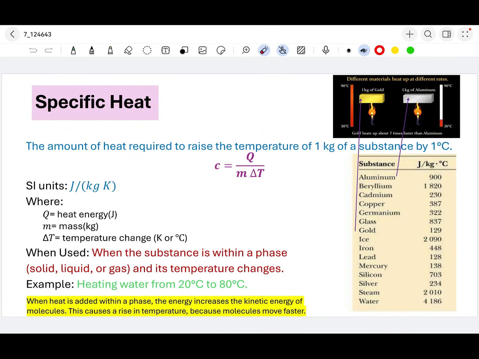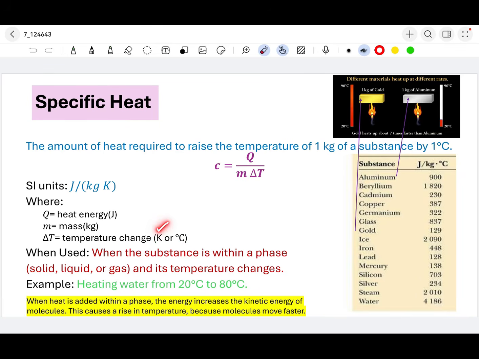C equal to Q over M into delta T, where Q is the heat energy, which is in joules, M is the mass in kilogram, and delta T is the change in the temperature. As it is a delta T, change in the temperature is the same in both Kelvin scale and degree Celsius, so anything we can keep.